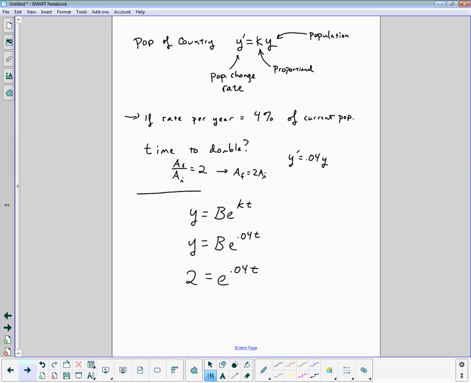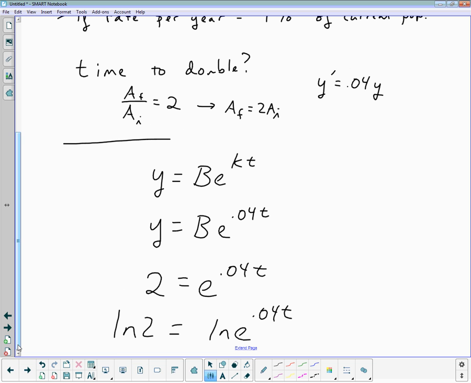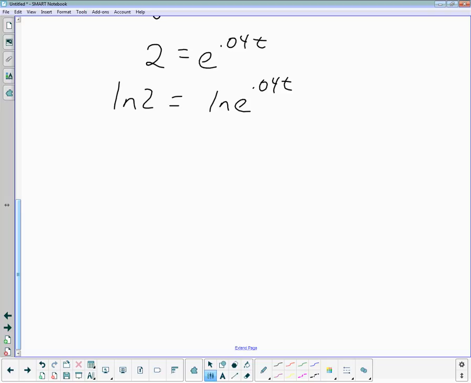Now, solving for t by using a natural logarithm, natural log of e is 1.